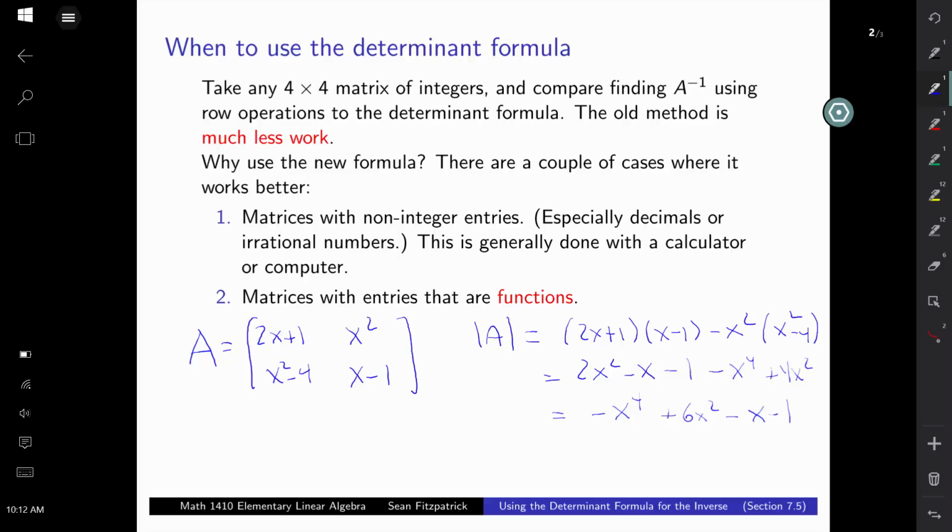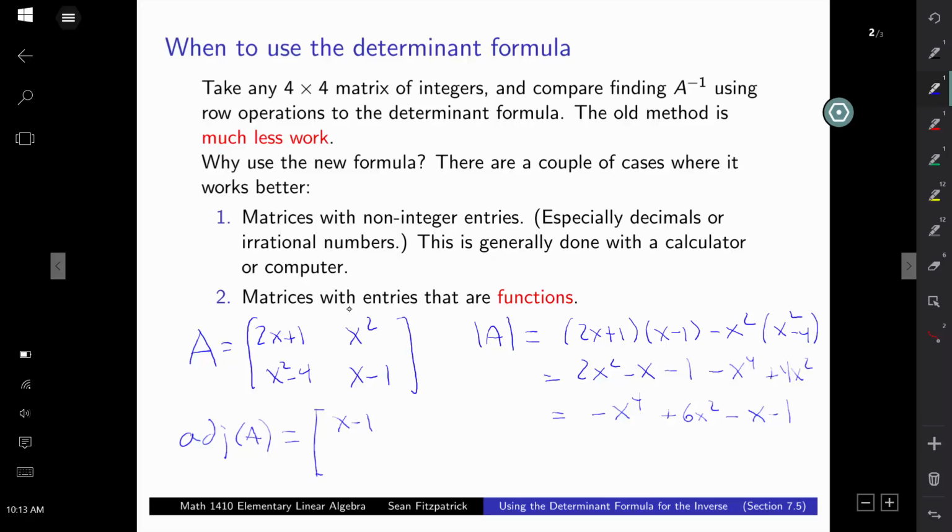And so I could also, if I wanted to, calculate the adjugate. What's the adjugate going to be? Well, the 1,1 cofactor, if I delete row 1, column 1, I'm left with x minus 1. The 1,2 cofactor, I delete row 1, column 2.